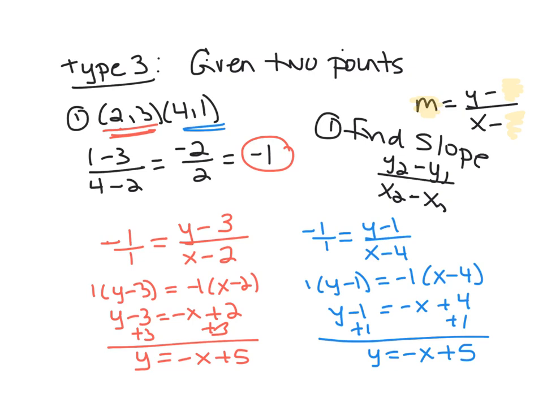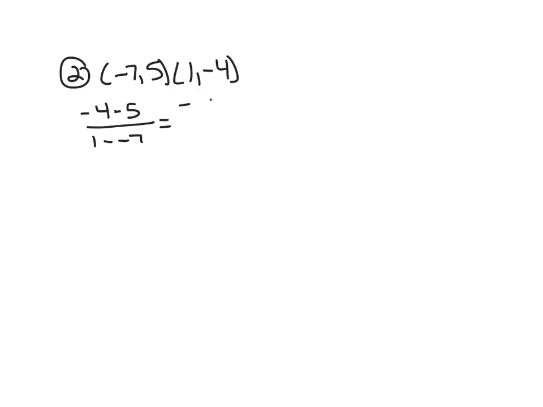All right, so let's try this one: (negative 7, 5) and (1, negative 4). Step 1, find the slope. So negative 4 minus 5 over 1 minus negative 7, so negative 9 over 8, that's my slope.